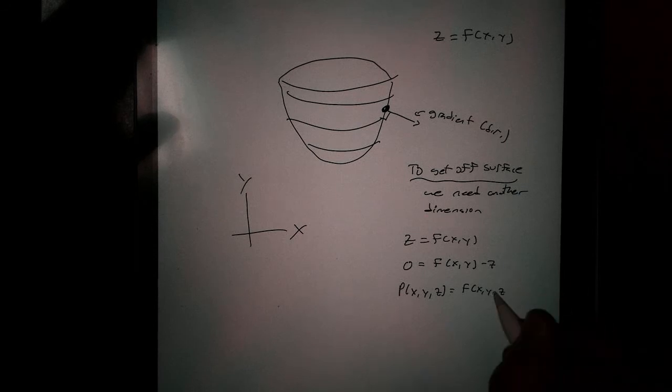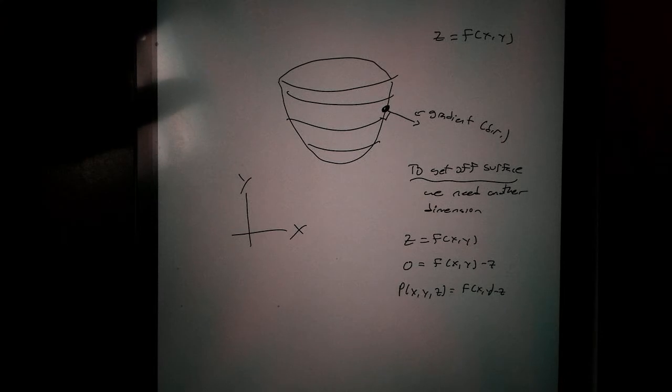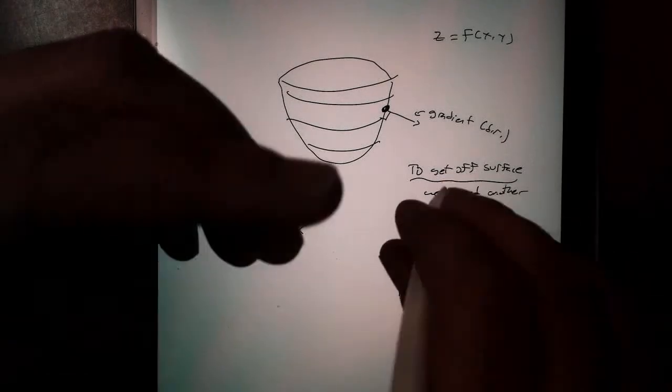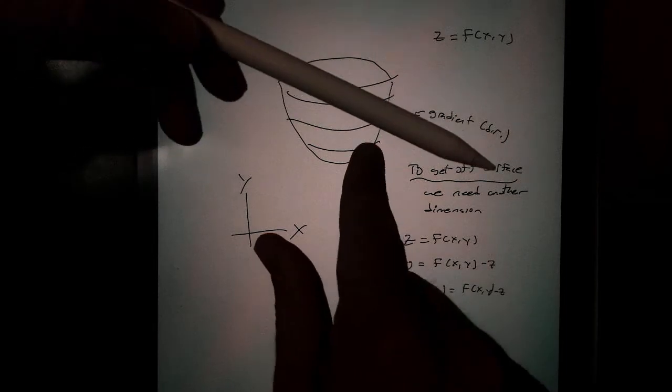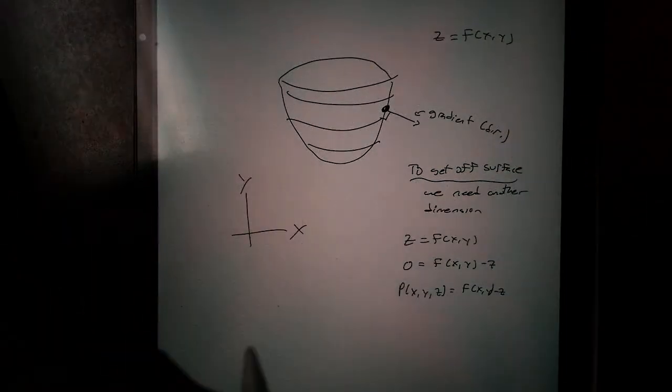Well, I guess I should just say minus z. There we go. And that is why we have to add this extra dimension, because we want to literally be off this three-dimensional surface, and the only way we can do that is to add another dimension.